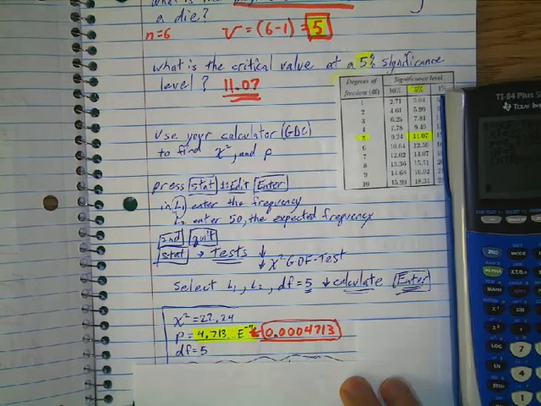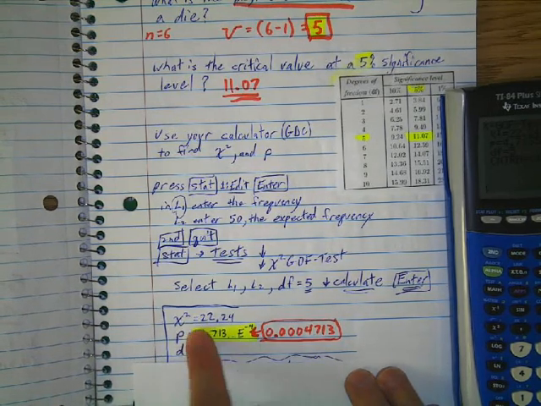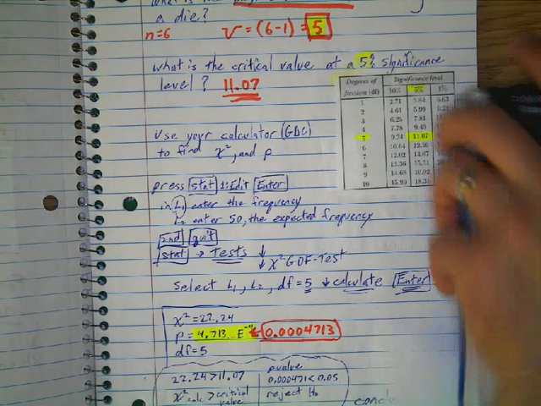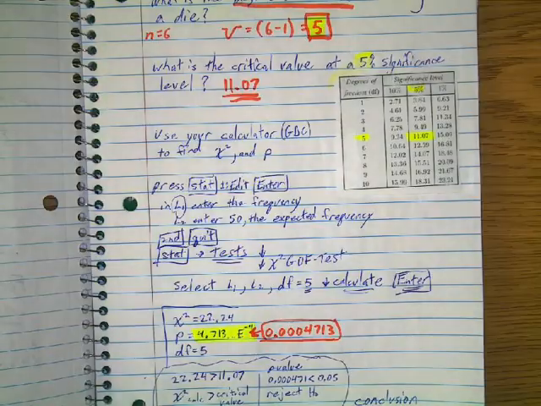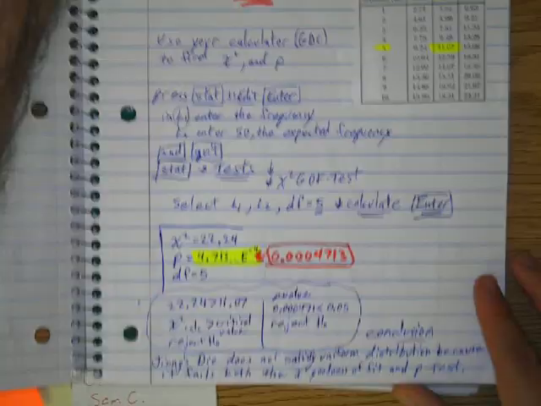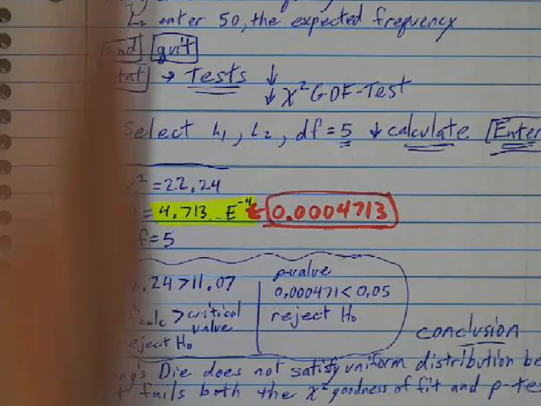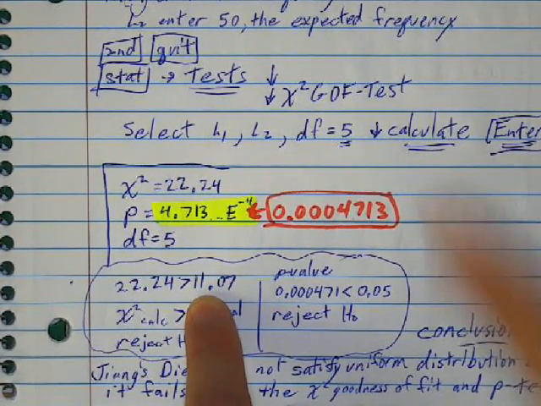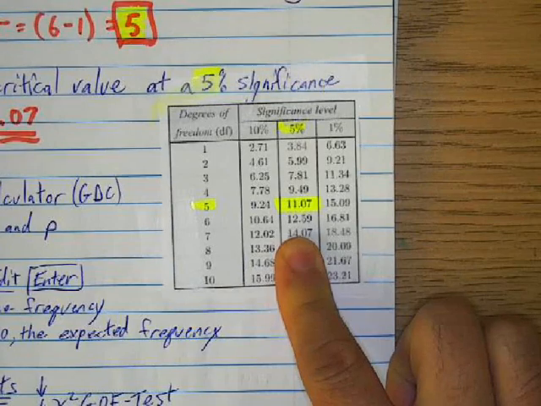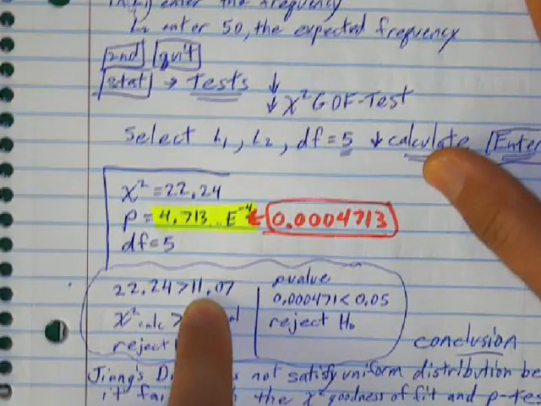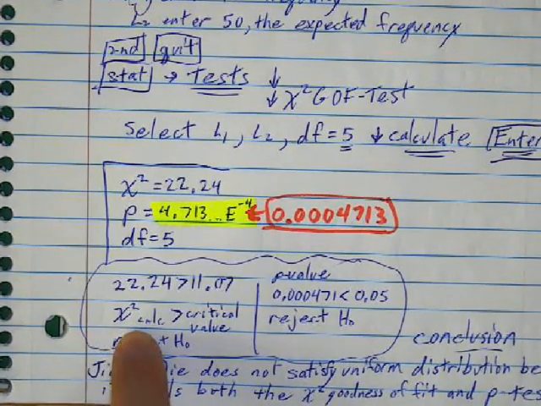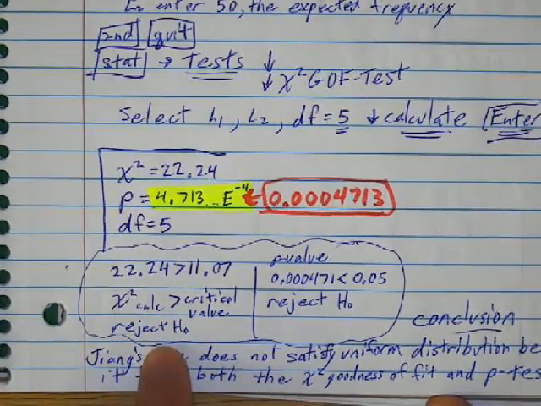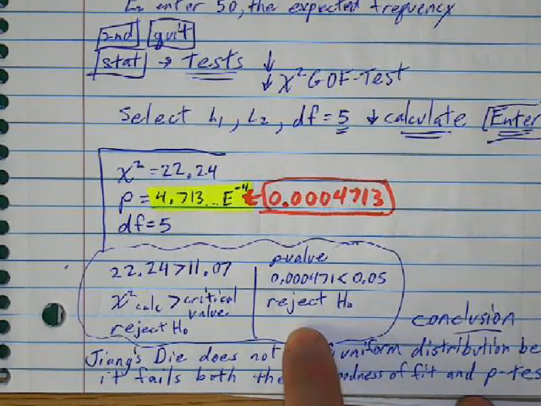Now we've got our p-value and our chi-squared value, so we can compare to what we did in the previous notes. Because 22.24 is greater than our critical value from the table, 11.07, the chi-squared calculated is greater than the critical value, so we reject the null hypothesis. I can find the same thing with my p-value.